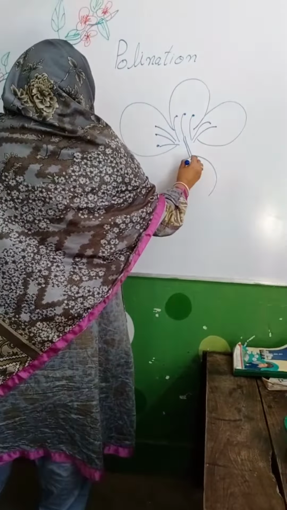Pollen, ovule. Flowers can be unisexual, having only stamen or pistil, or bisexual, containing both stamen and pistil. There is a complete procedure of pollination of apple.